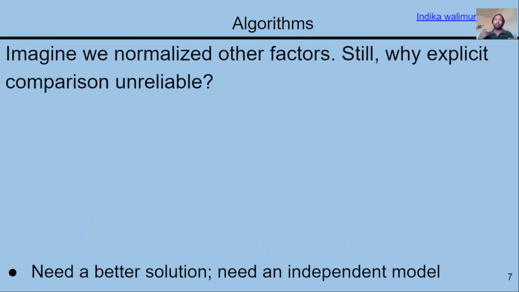So that means we need a better solution. We need to approach this from a different perspective, and that means we need a model independent of all these biases.